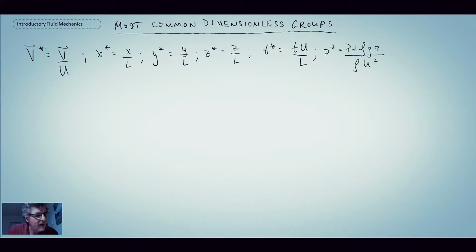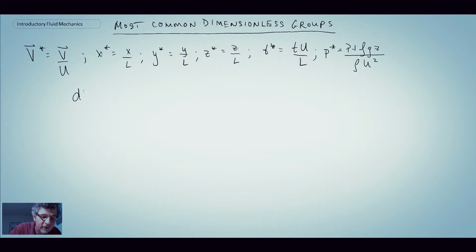If you were to take the Navier-Stokes equations and make substitutions for velocities, length scales, time, and pressure, and replace everything with the star terms, we would end up with an equation that looks something like this.